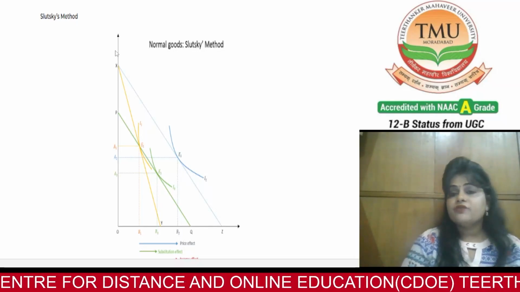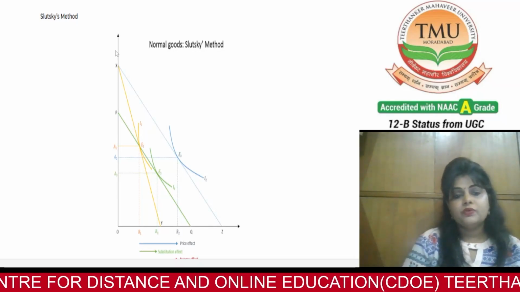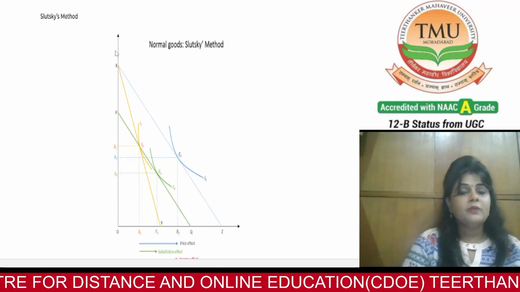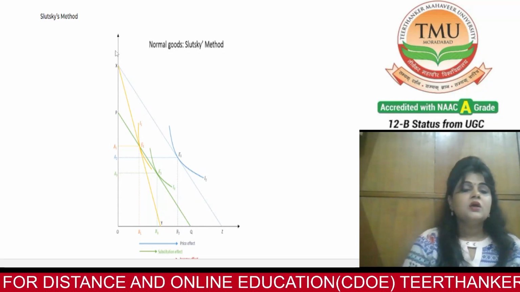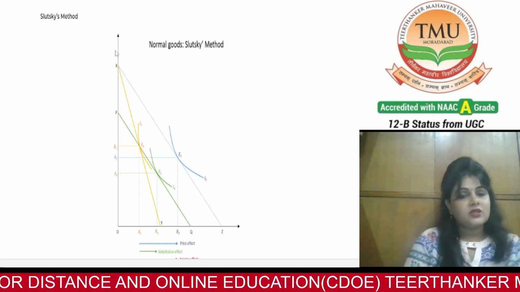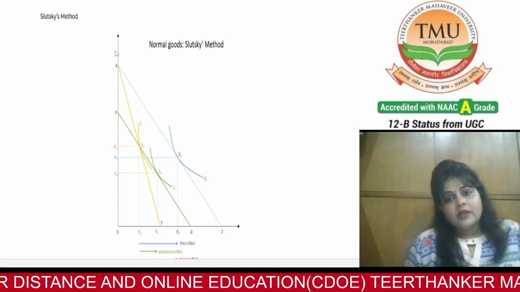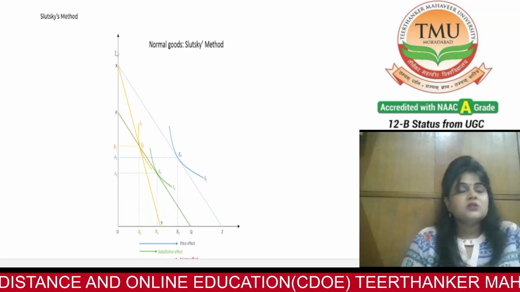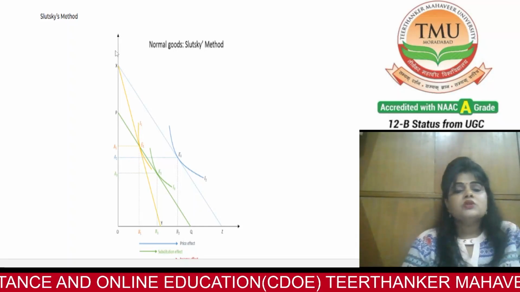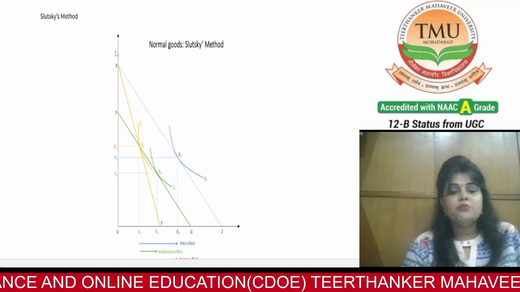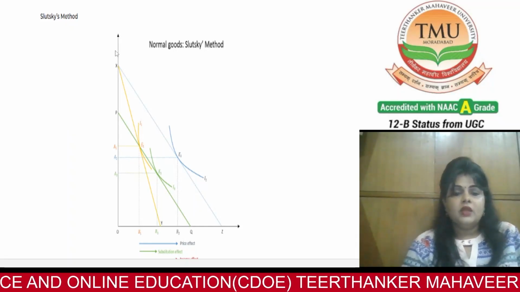The substitution effect is positive, but the income effect is negative for inferior goods. However, the overall price effect is still positive. As I discussed before, inferior goods are those goods which have a negative relationship with income.